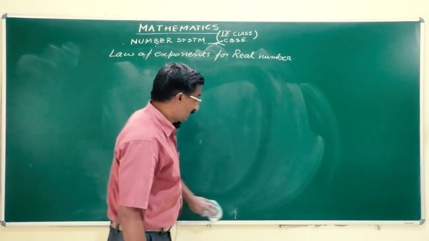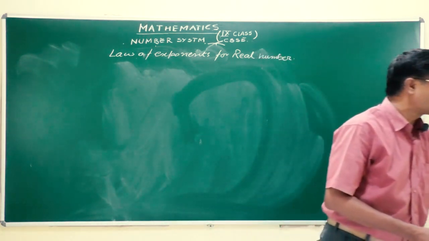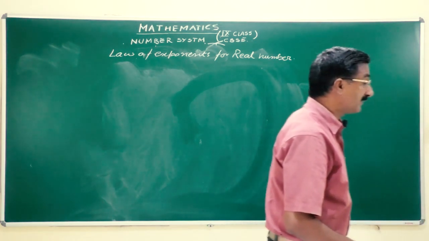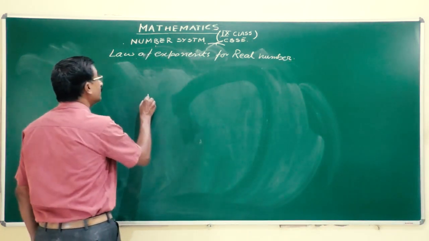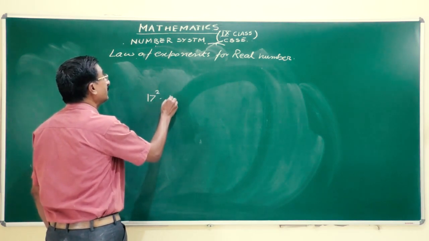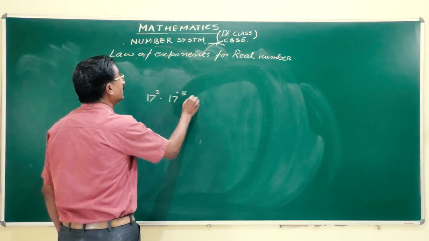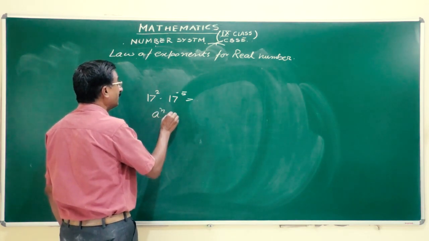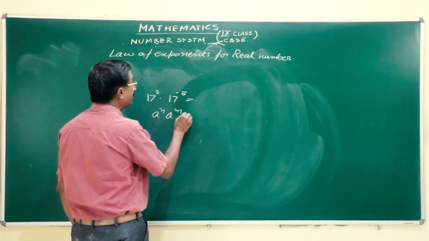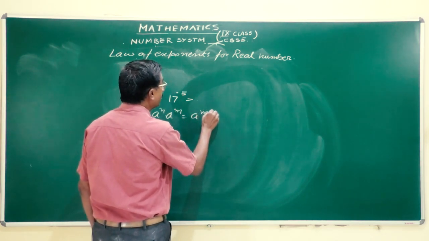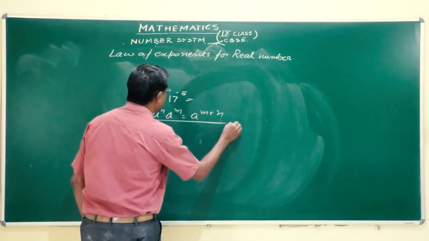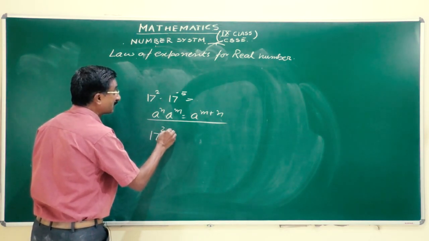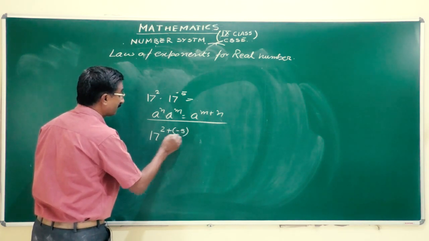So a few examples we can solve so that you can understand. 17 to the power 2 into 17 to the power minus 5. So this is equal to, by using the identity a raised to the power n into a raised to the power m is equal to a raised to the power m plus n, 17 raised to the power 2 plus minus 5.